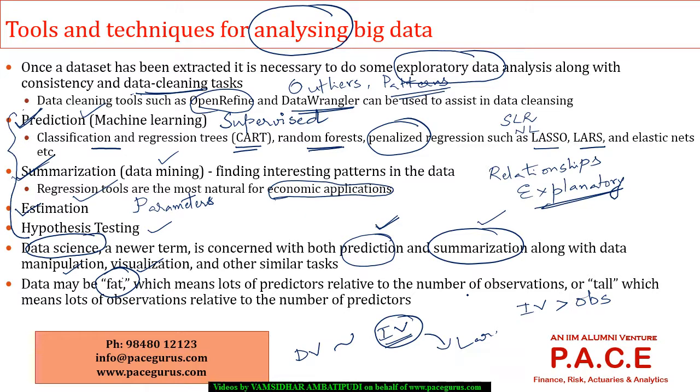Whereas in other cases, the rows, which are the observations, are very large with respect to the predictors. There are hardly 2 or 3 independent variables, but I have a few million records. In that case, we say that the data is tall.